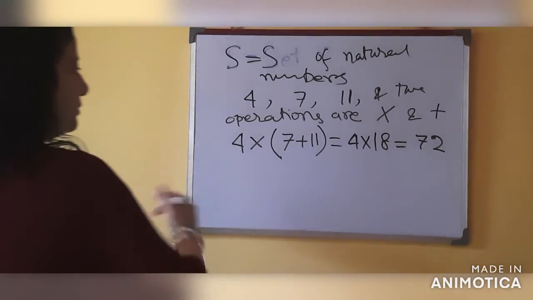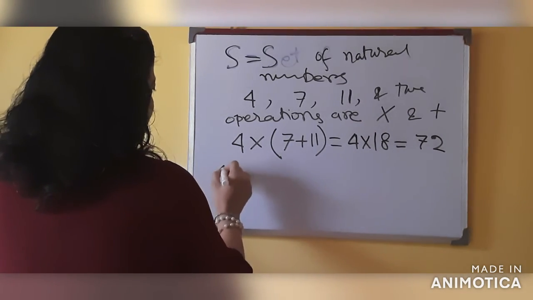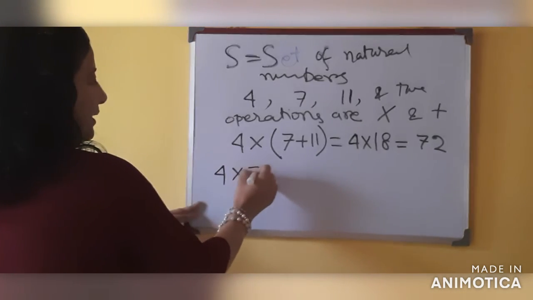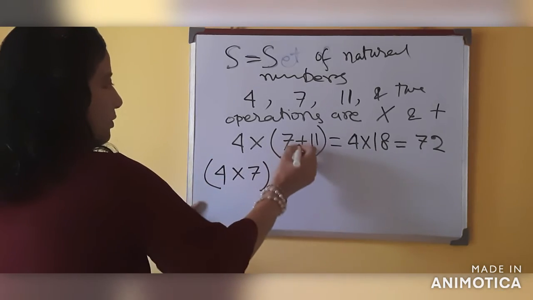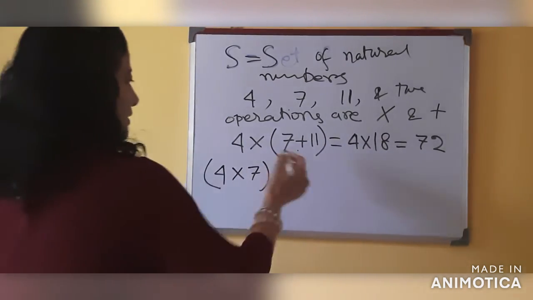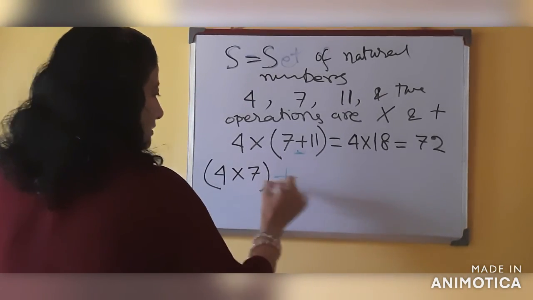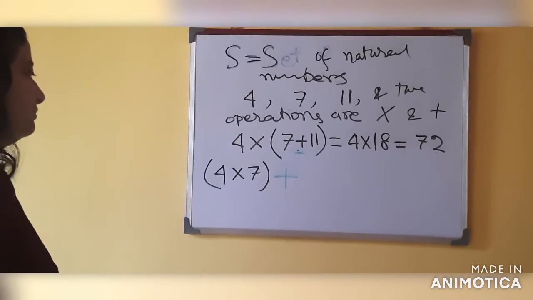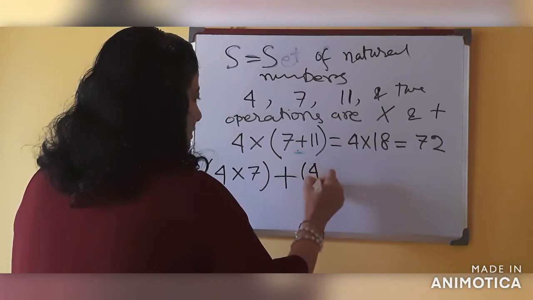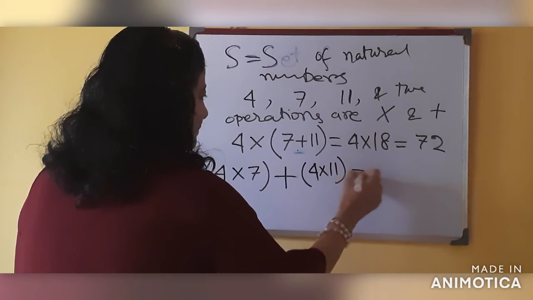And now we will do the other way. The right hand side means 4 multiplication 7, and now this plus sign will be in the middle because I am distributing, into 4 into 11.